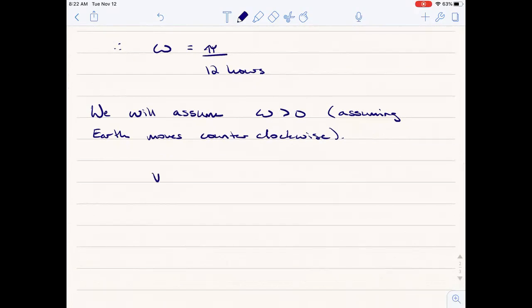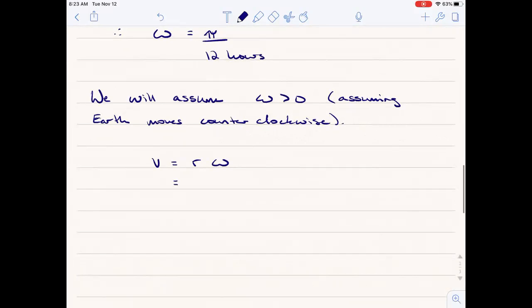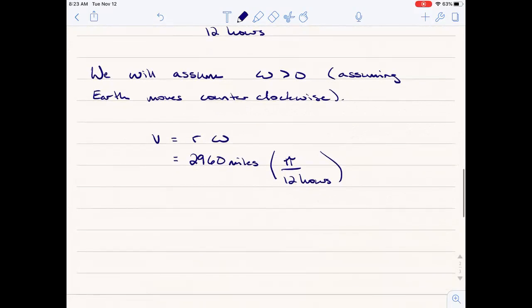So now we wanted to find the linear velocity v. v is r times omega. So v is going to be 2960 miles times pi over 12 hours. We can just use our calculator. You've got pi on there; it's the yellow function above the times ten to the x button, so you have to use shift to get there.